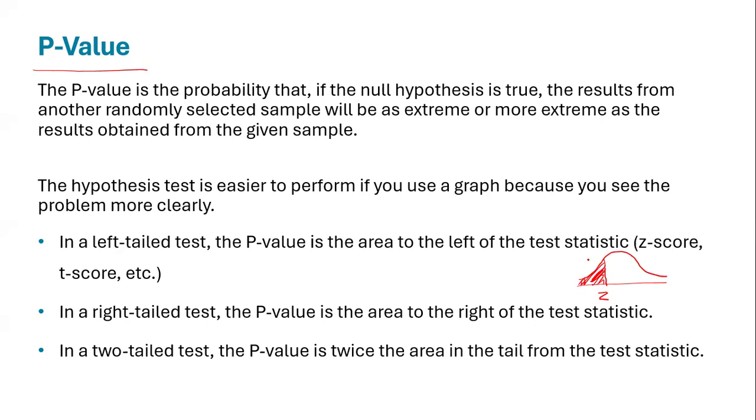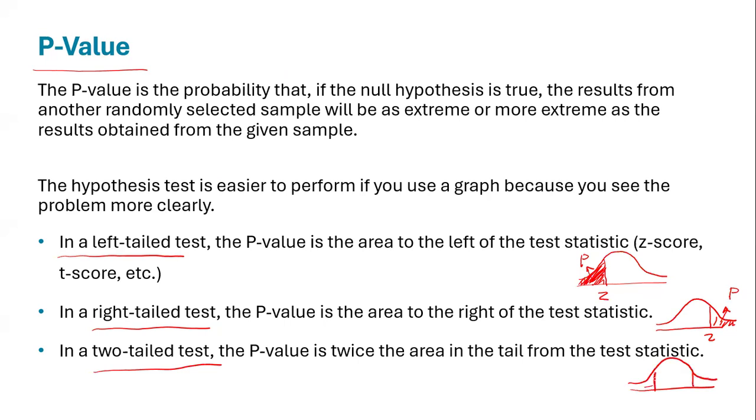And that area under the curve is called the p-value. If we have a left tail test, the p-value is the area to the left. If we have a right tail test, the p-value is the area on the right. If we have a two-tail test, the p-value is the area on both tails because we have two critical values. And half of the p-value is on the left and half is on the right.